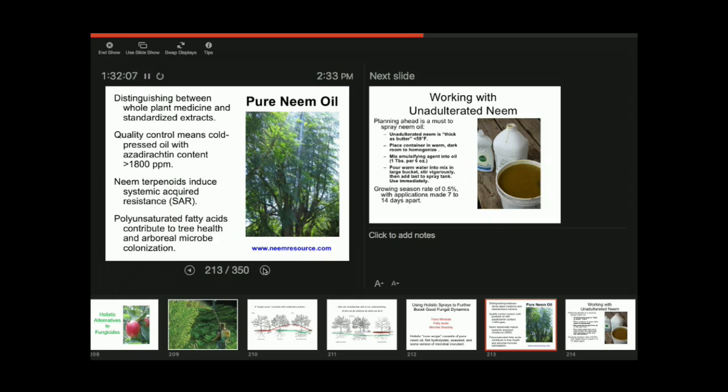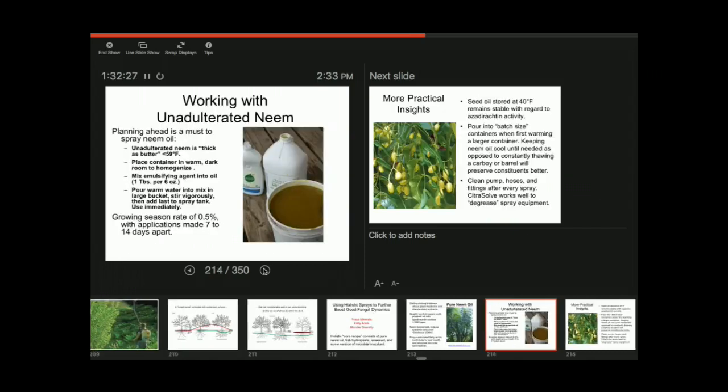They don't have all the fats that feed the microbes. We're doing a different thing than just emphasizing the azadirachtin. I'm not interested in those spray products. They cost a lot more. I want the real thing, just like you want real 100% olive oil. You don't want it adulterated with other oils. You want the real thing.